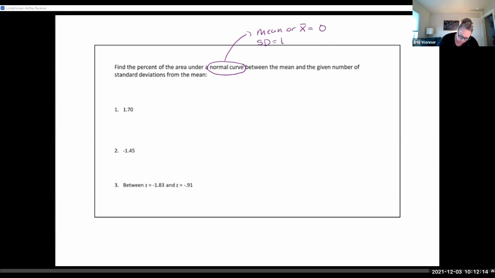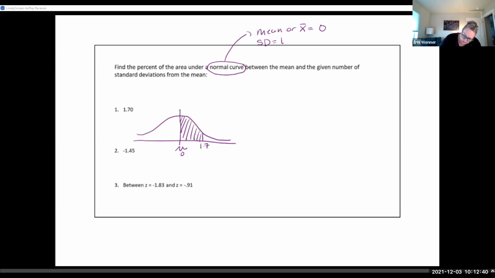So if we draw a picture to represent this, we've got our curve. It's a terrible curve. In the middle, we have our mean, which is 0. And then we're going to do 1.7 as a z-score. And we're saying the area under the curve is this amount right here.